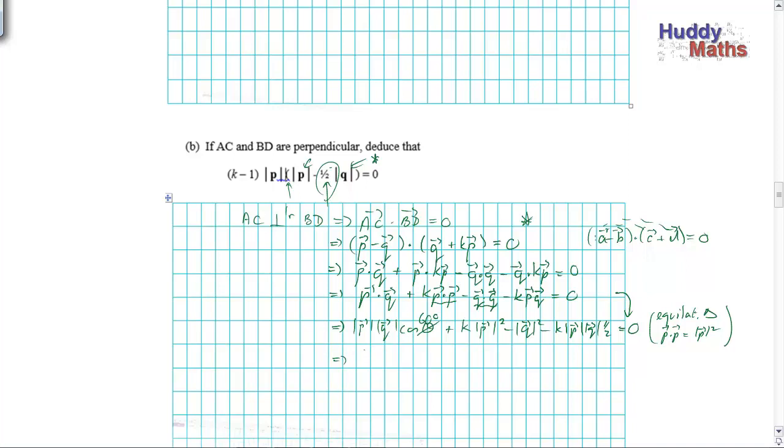This is a half here, so we've got a half length of P by length of Q plus K times length of P squared, take length of Q squared. You've got to be very patient with these. Take a half K length of P by length of Q, and that equals 0.